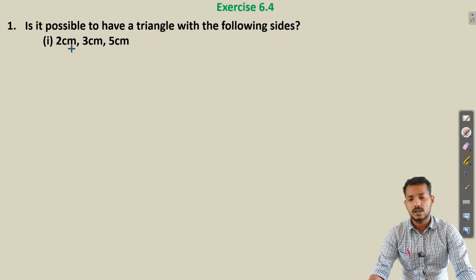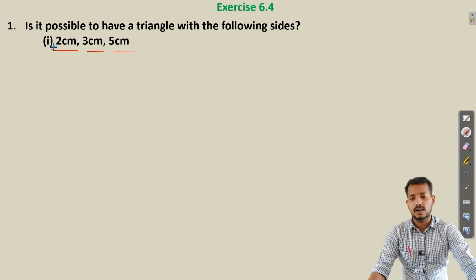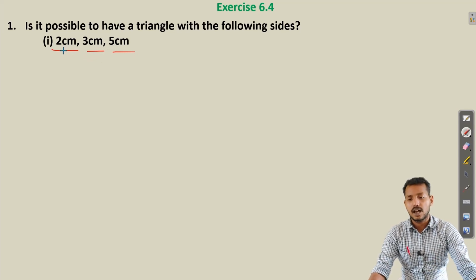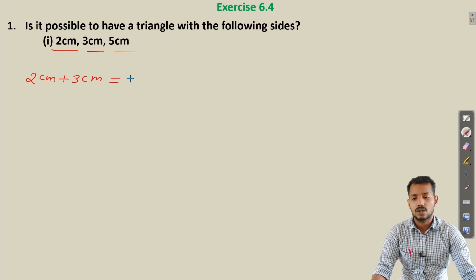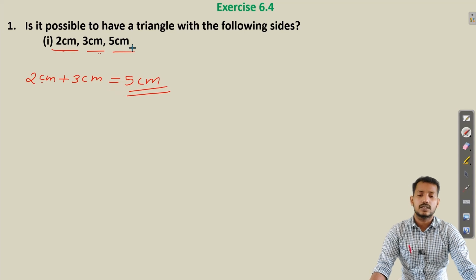First question is, is it possible to have a triangle with the following sides? Three sides are given: 2 cm, 3 cm, 5 cm. Let's apply this inequality. First find the sum of any two sides. 2 cm plus 3 cm is equal to 5 cm. So here the sum of these two is equal to the third one.